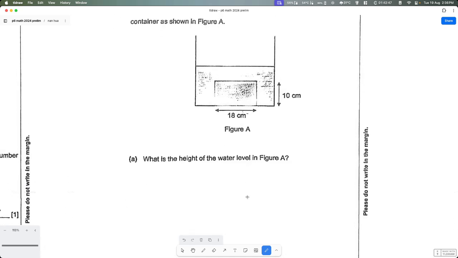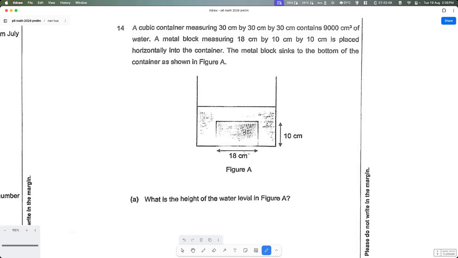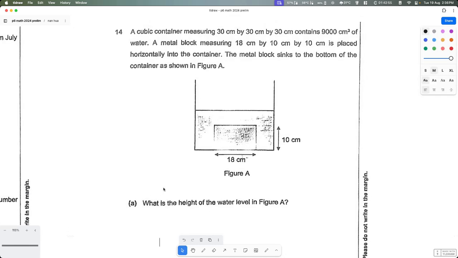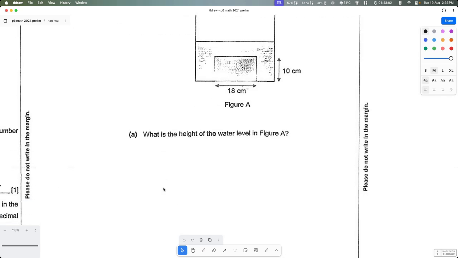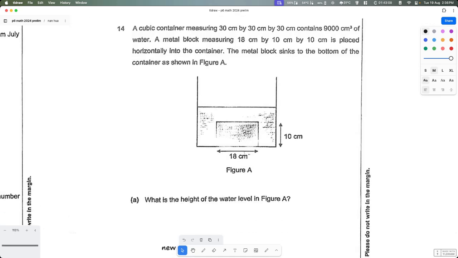So in this case over here, they already gave the water volume, but with the new water volume, we have not gotten the metal block volume.